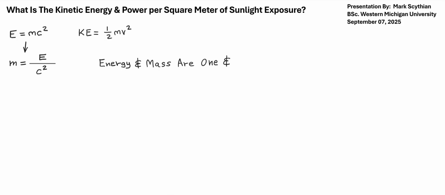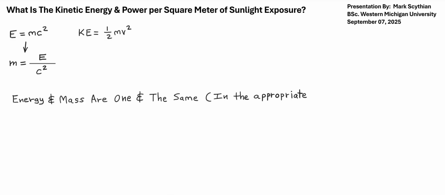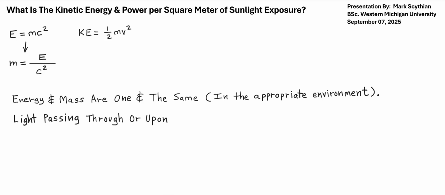So energy and mass are one and the same in the appropriate environment. Light passing through or upon matter is the sequence of photothermal energy.